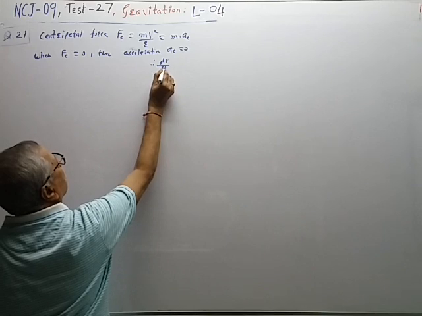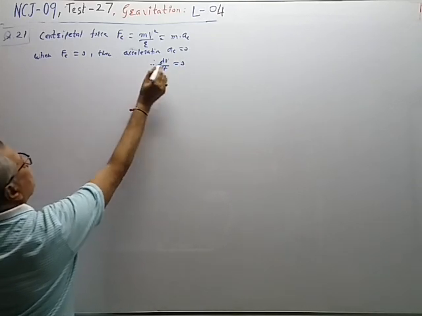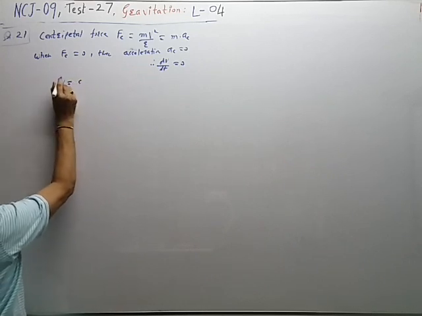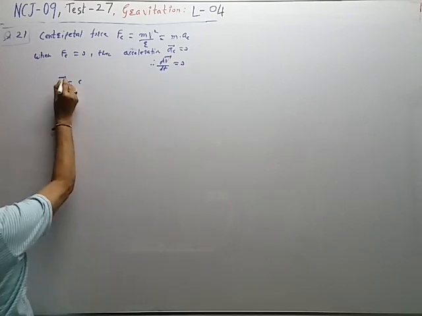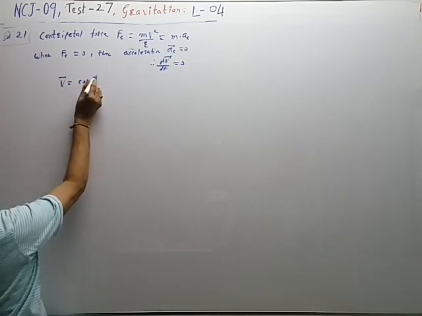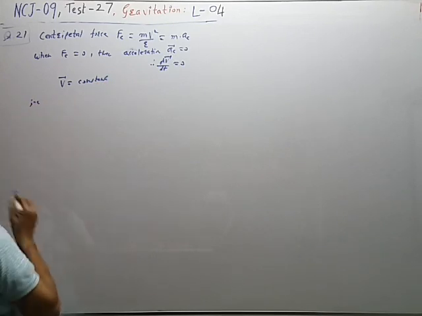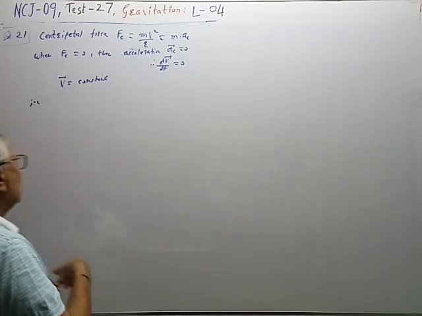Therefore, dv by dt is equal to 0. Therefore, v is equal to constant. That is, velocity is constant means no change in direction and no change in magnitude.